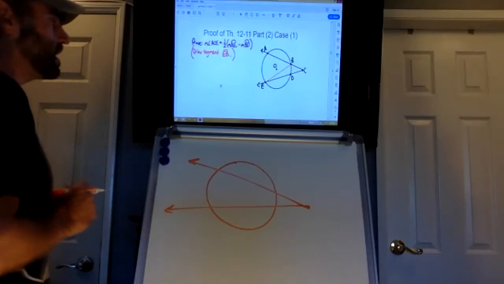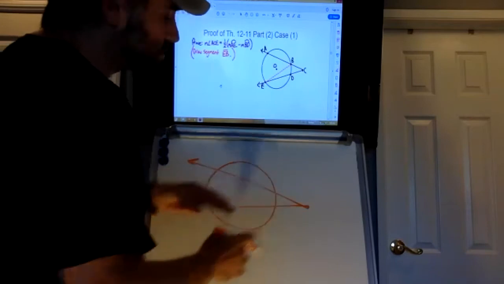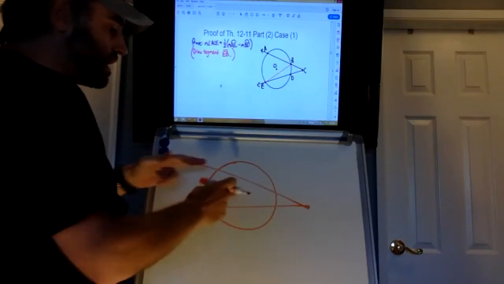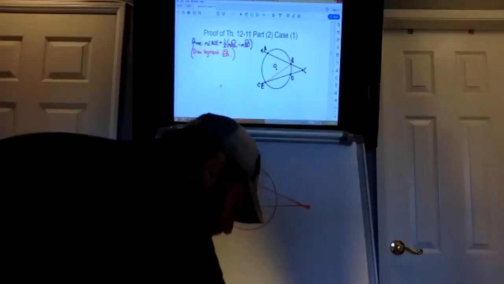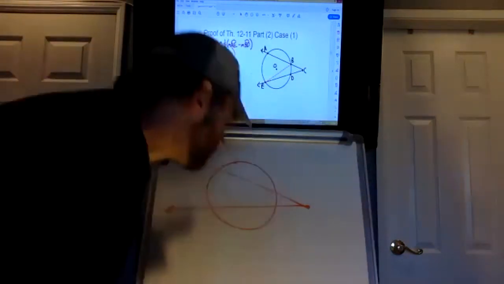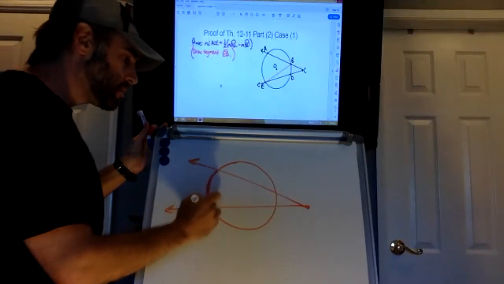What we're trying to say is that when two secants meet outside the circle... yesterday we finished with when they meet inside the circle, these two arcs that are intercepted, which we had in red and blue.